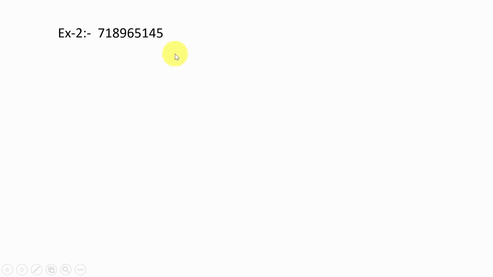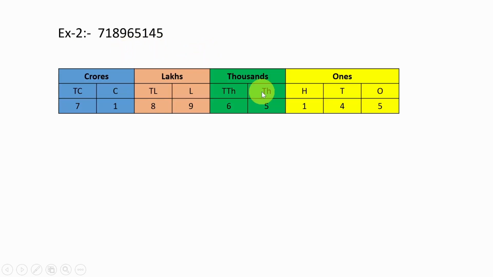This is the second example. Let me explain how to insert commas. See here, these digits are placed in their respective places. So now how to insert commas. See this ones period. What are the digits in the ones period? 5, 4, 1.